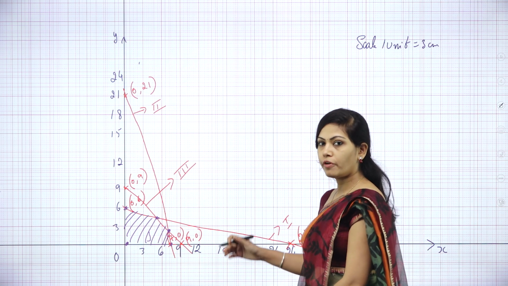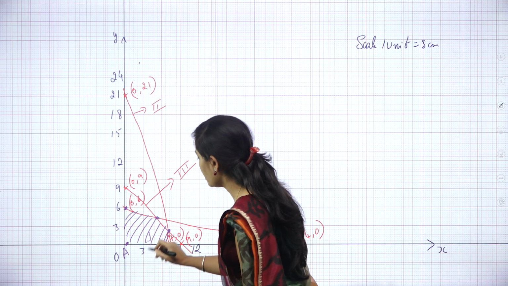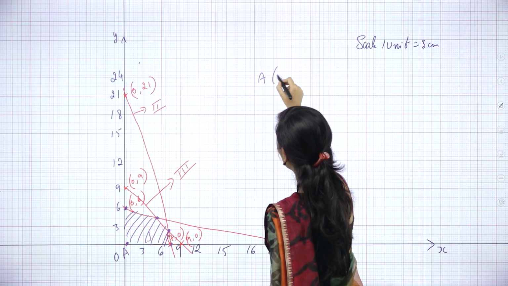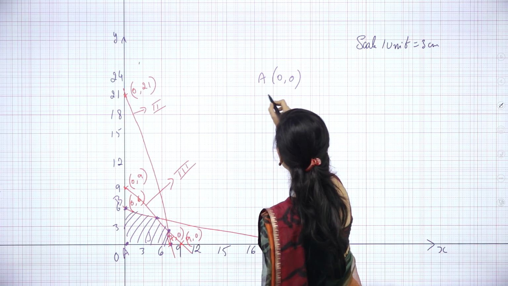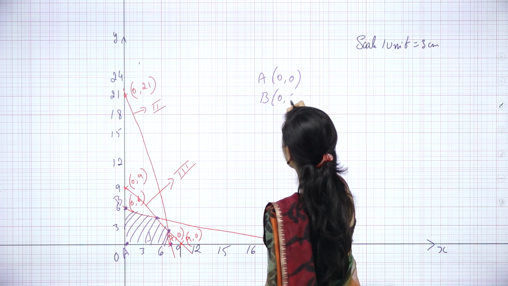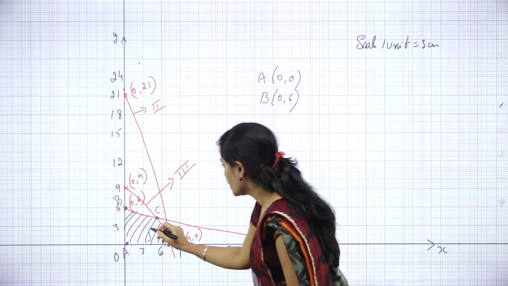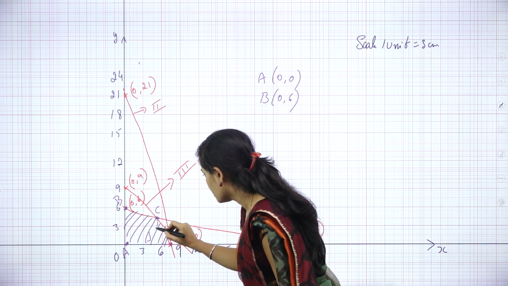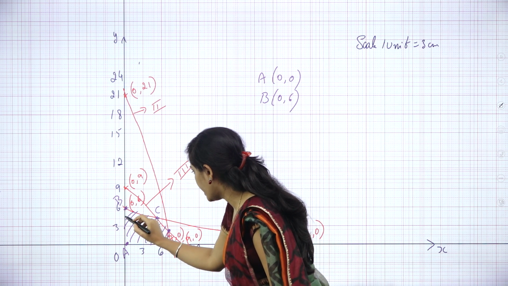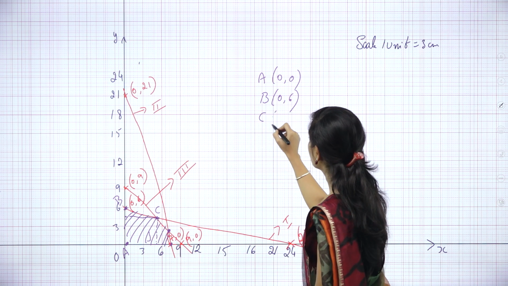So now find the corner points. So first, this is A, 0, 0 and this is B, that is 0, 6 and the third one is C. C means this region is 5 and this is also 5. So 5, 5.